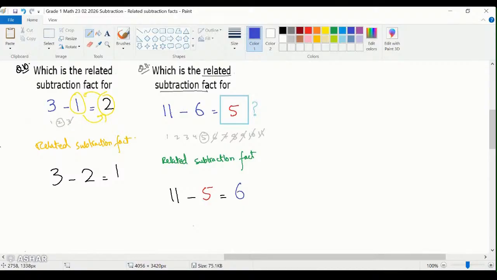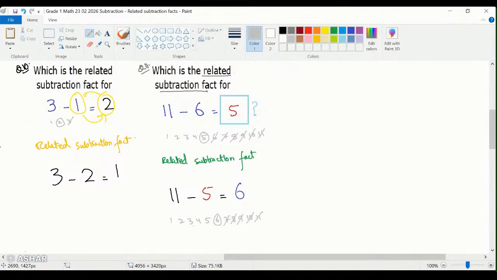All we did was interchange the positions of the two smaller numbers. 6 and 5 are interchanged and we get the answer. We can always confirm: 1, 2, 3, 4, 5, 6, 7, 8, 9, 10, 11. If we remove 5 numbers, that means we are left with a 6. Agreed?